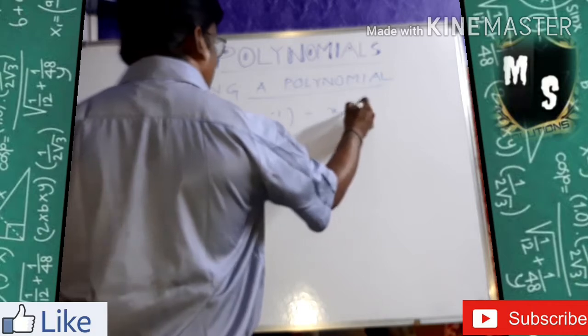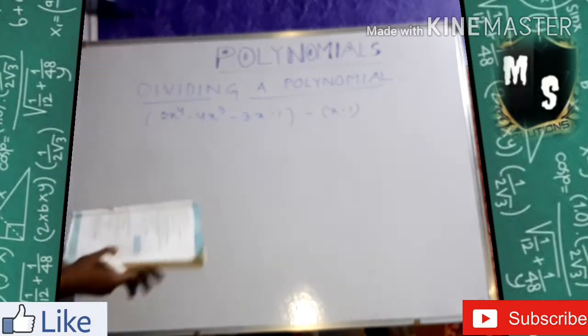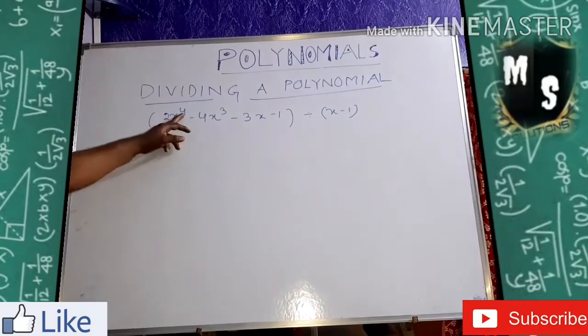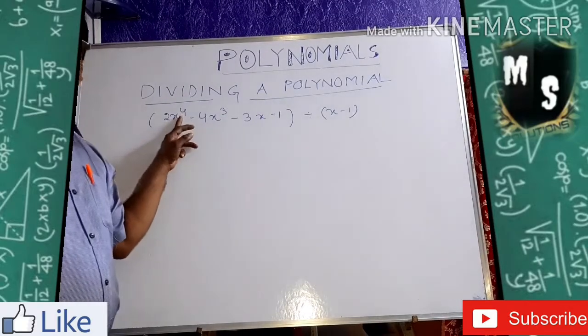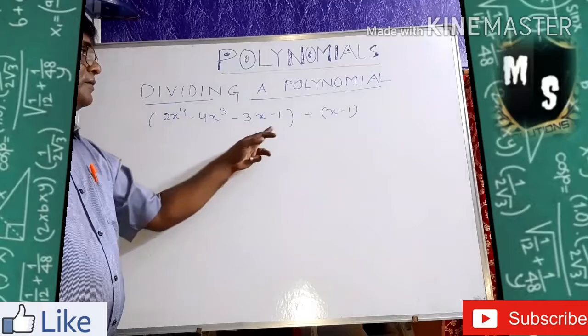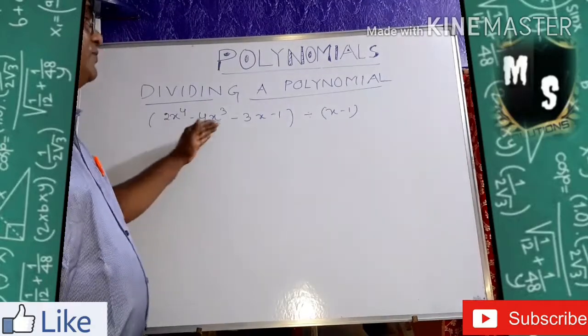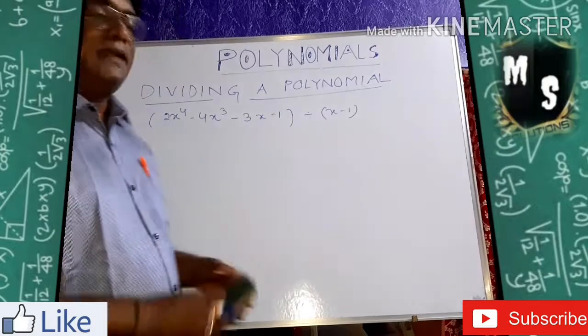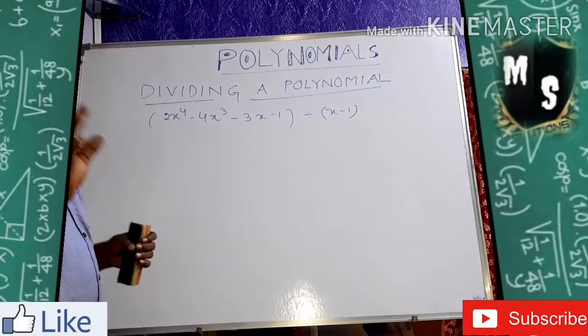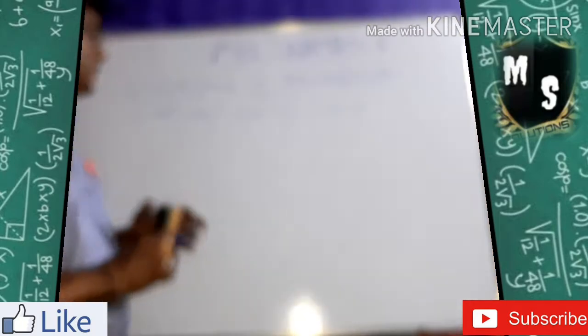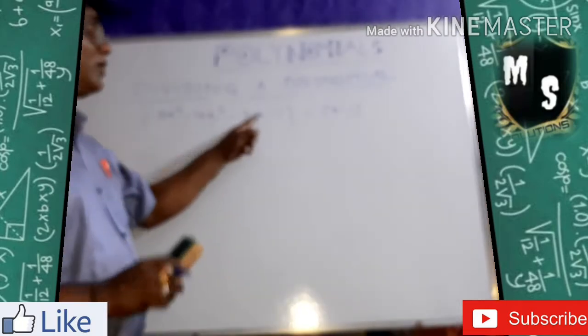x minus 1. Here only one thing you see, the degree is 4. It is a biquadratic polynomial, that means a biquadratic polynomial is divided by a binomial. Okay, let's divide it. First of all, when you start the division, the most important point to remember is to see whether the dividend powers are arranged in order or not.